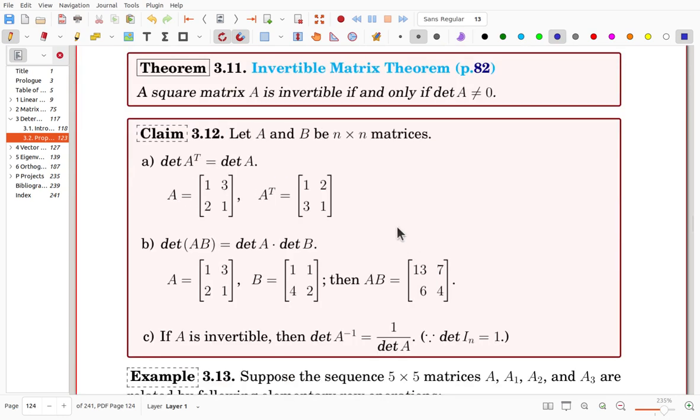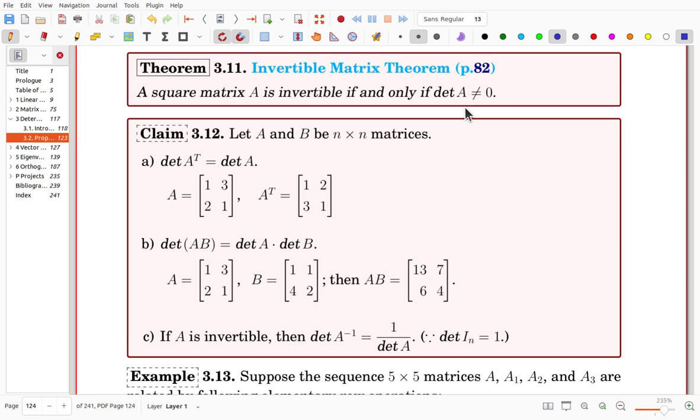Here we have an extension of the invertible matrix theorem. A square matrix A is invertible if and only if the determinant of A is non-zero. The determinant is a kind of volume scaling factor. Once the determinant of A is 0, then a non-zero vector will become 0.